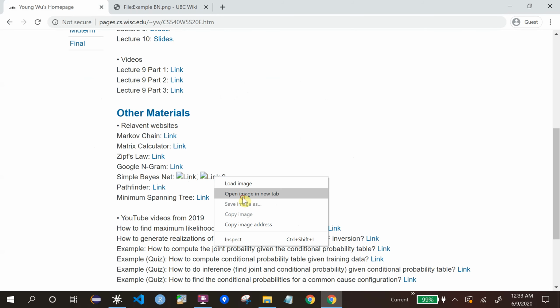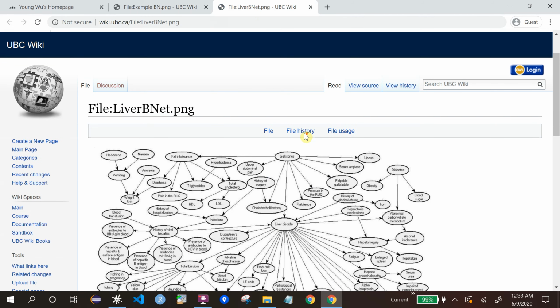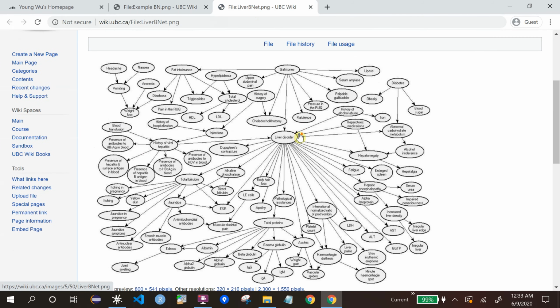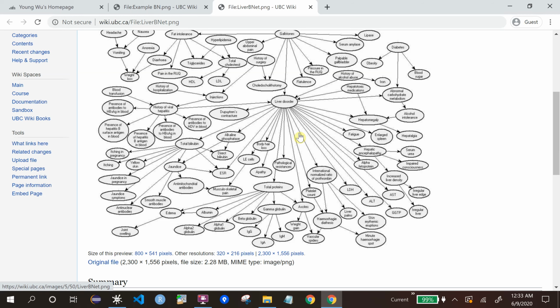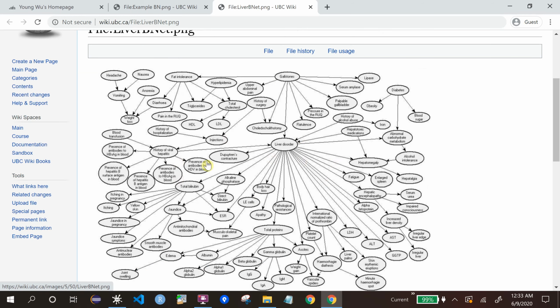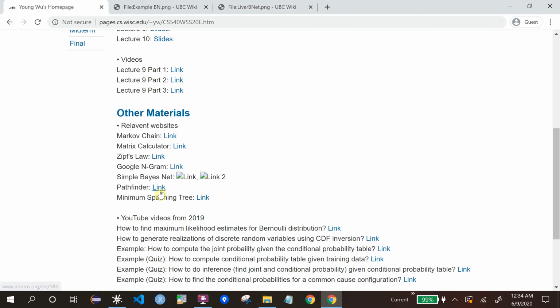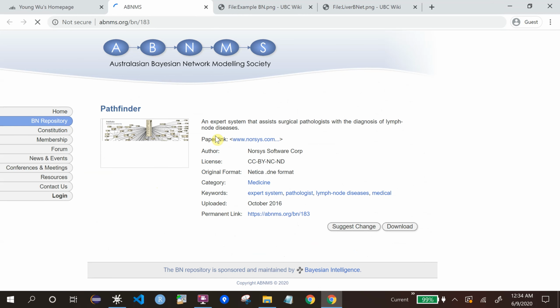And link number 2, let's see here. The conditional probabilities are not shown, but there are lots and lots of variables, and they're related by some complicated Bayesian network. But again, if you store all the joint probabilities, it's going to be huge. And there's a website that contains lots and lots of these.